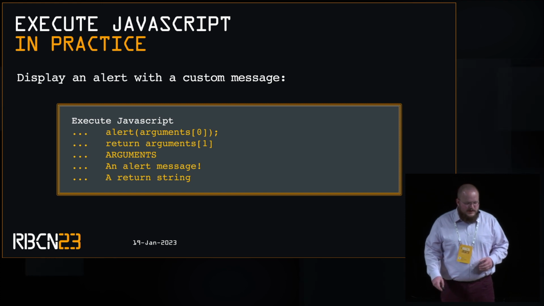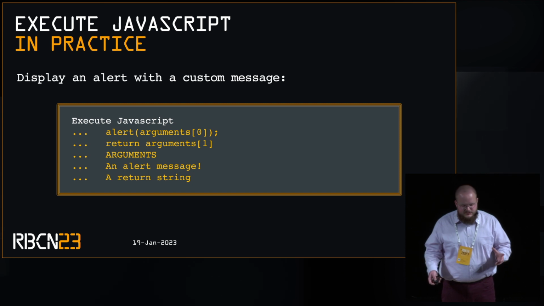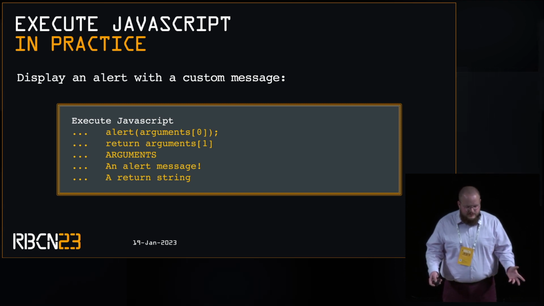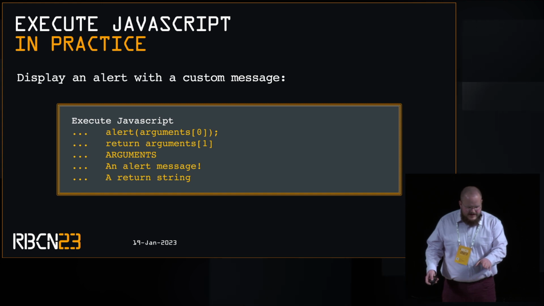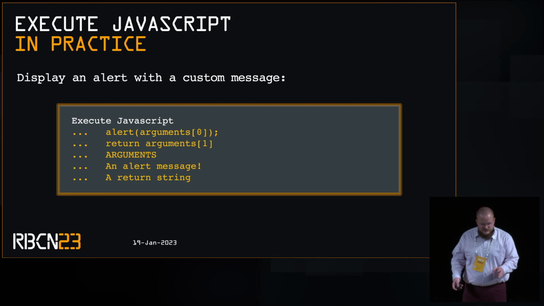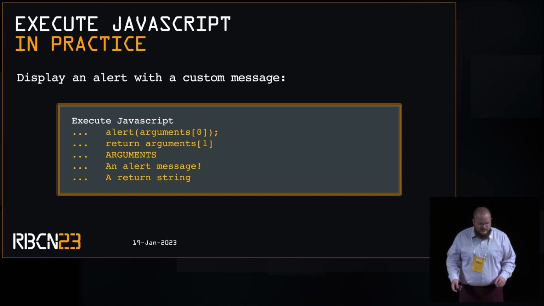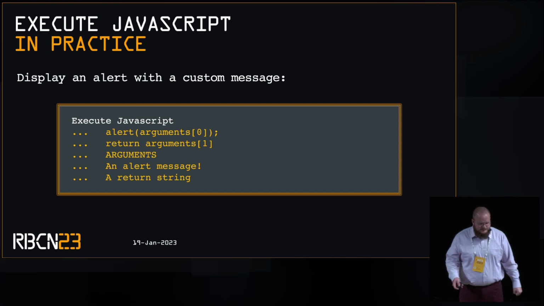So here's an example of what that would look like in Selenium Library. If you wanted to run an alert, your alert message appears after that arguments token, and can be accessed using arguments indexed at 0. And then the return string that we have can be accessed using arguments 1.